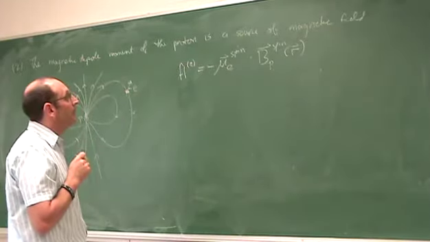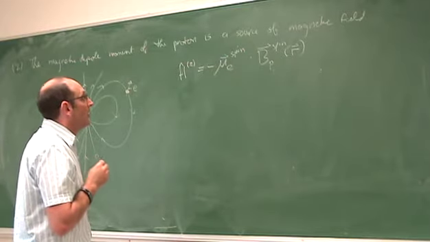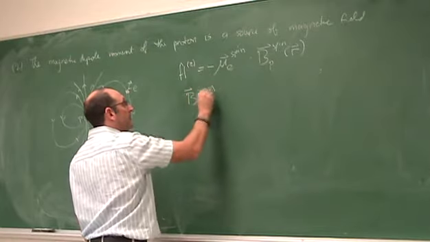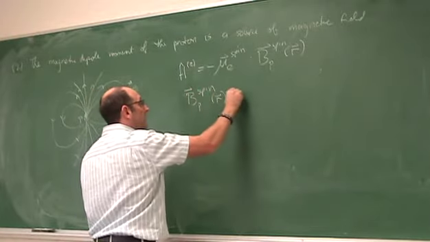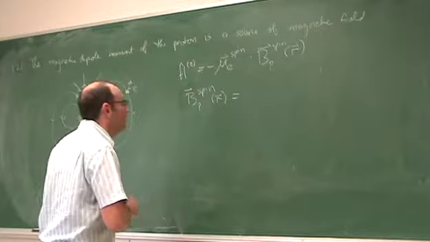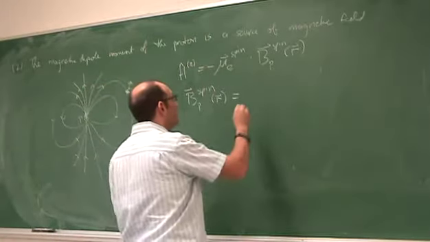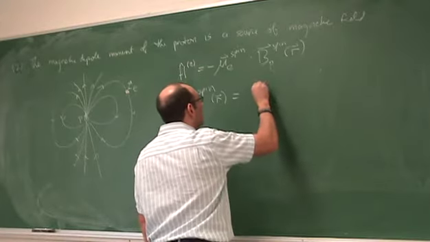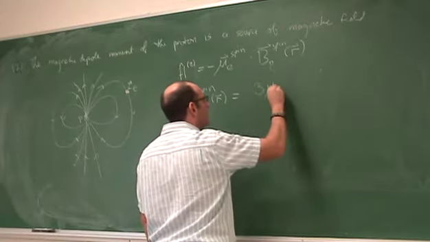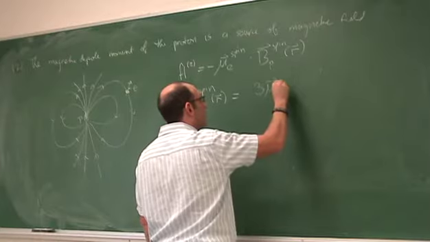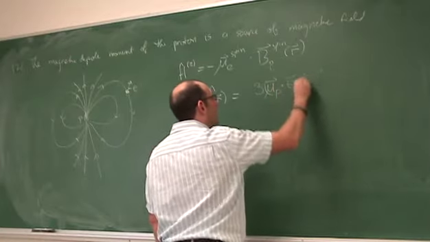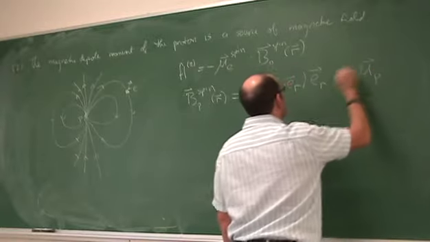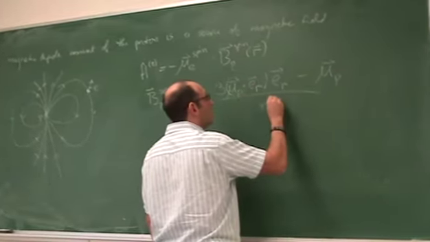Alrighty. So what is this? The magnetic field due to the spin of the proton is a magnetic dipole field, and that is equal to 3, the spin magnetic moment of the proton dotted into the radial coordinate, minus mu of the proton over r cubed.